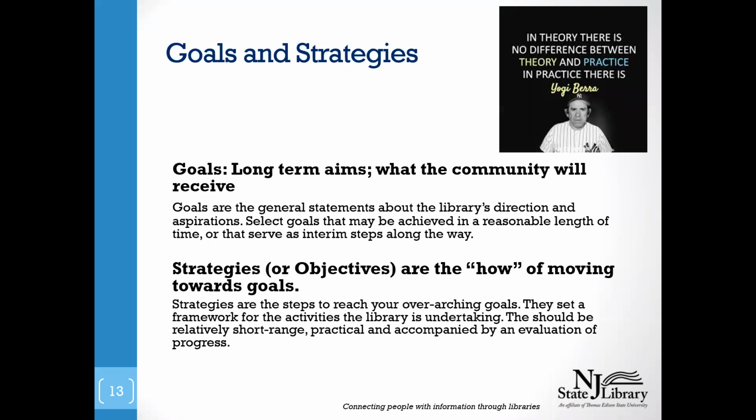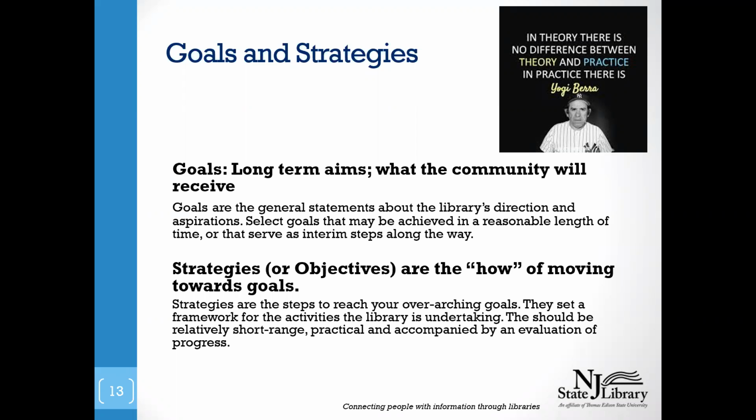So once you've collected and analyzed your research, you can begin to write your goals and strategies. And this is another set of terms that are used together and can be confusing. So the goals are long-term aims, what the community will receive from the library. They're the general statements about the library's direction and aspirations.